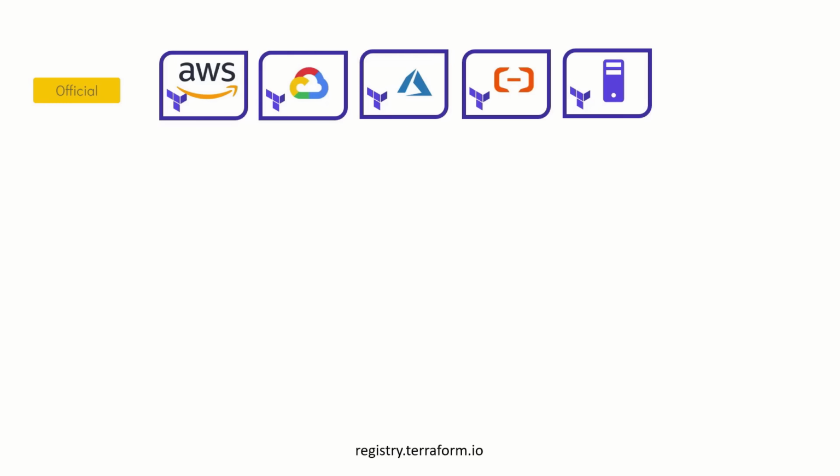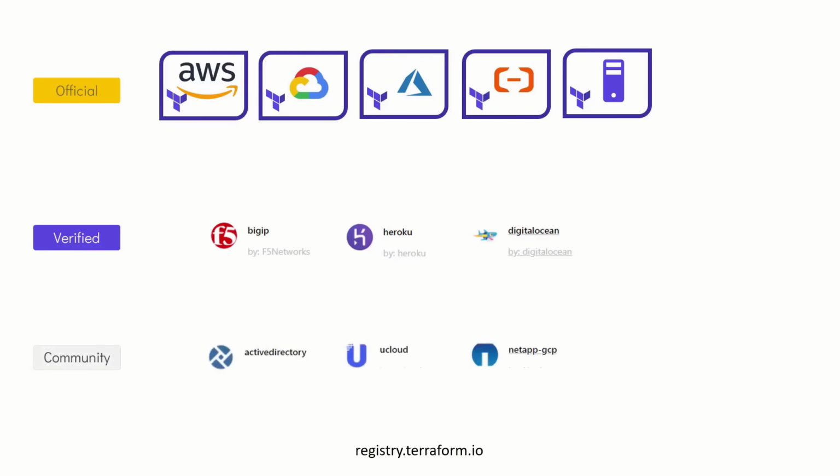The second type of provider is a verified provider. A verified provider is owned and maintained by a third-party technology company that has gone through a partner provider process with HashiCorp. Some examples are the BIG-IP provider from F5 Networks, Heroku, DigitalOcean, etc. And finally, we have the community providers that are published and maintained by individual contributors of the HashiCorp community.